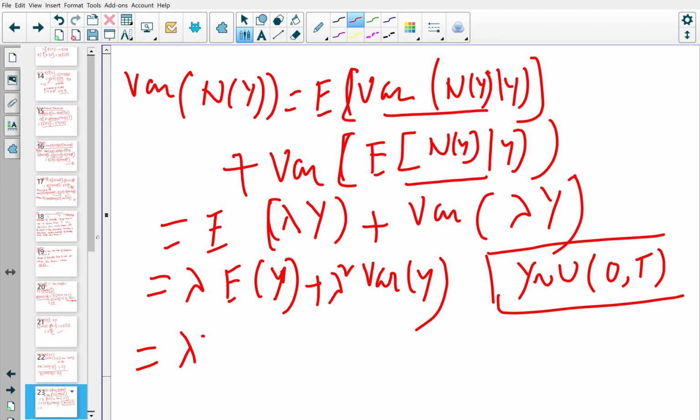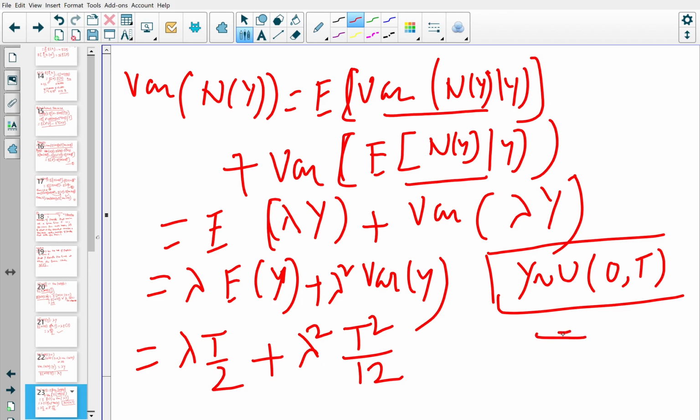So this is lambda times T by 2. Clear? And the variance of Y is T square by 12. We know this already. So the answer is lambda T by 2 plus lambda square T square by 12. This is the variance of the number of people who are catching the train.